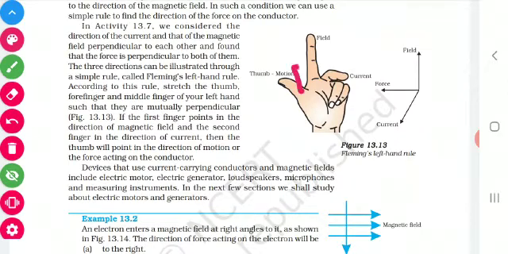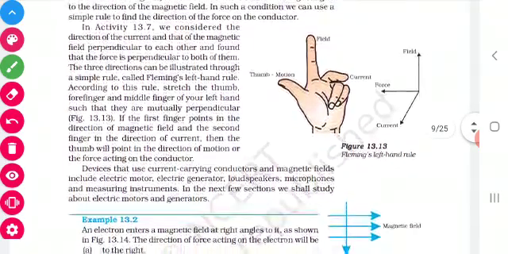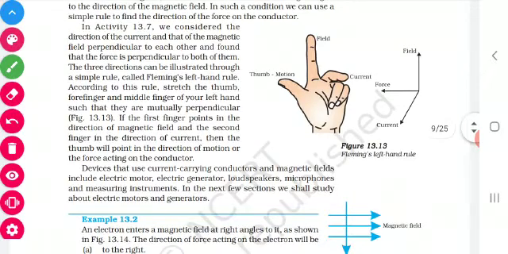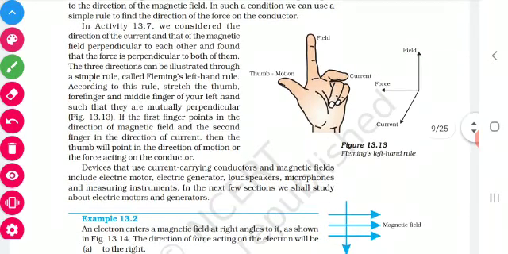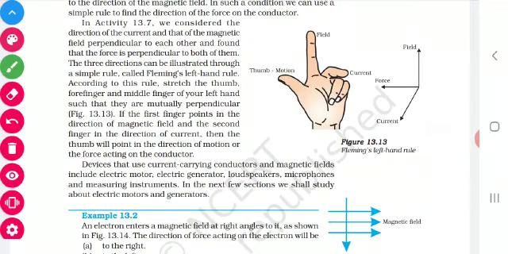If we stretch our left hand like this, the thumb denotes the motion, the forefinger denotes the magnetic field, and the second finger denotes the direction of the current.